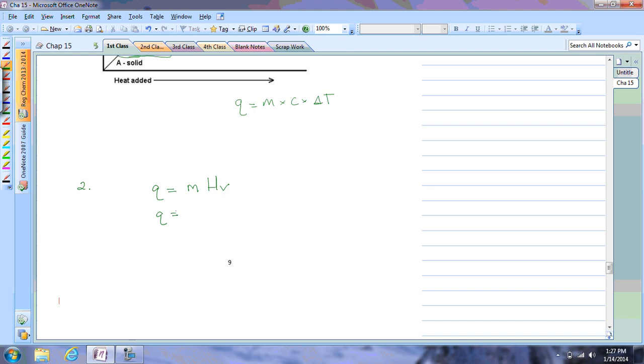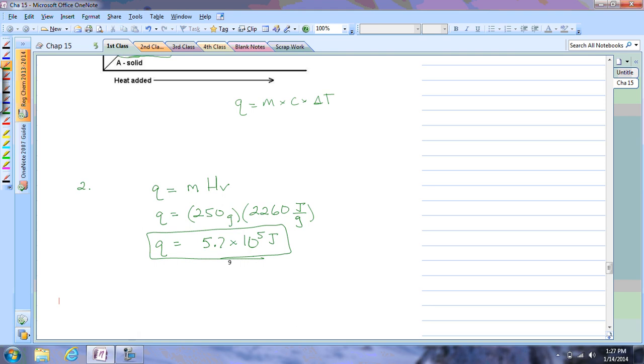Q is equal to 250 grams times the heat of vaporization of water from table B, which is 2260 joules per gram. And when we solve, officially, we should be 2 sig figs. So 5.7 times 10 to the 5th joules. So that's how easy those questions are.